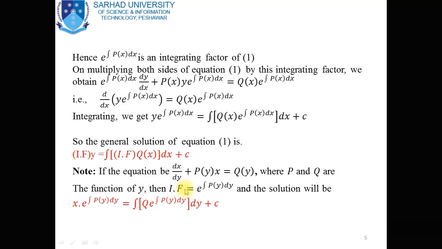Then the integral factor will be e power integration of p of y with respect to y, and the solution will be dependent variable x multiplied by integral factor is equal to integration of the product of q function and integral factor with respect to y plus c.